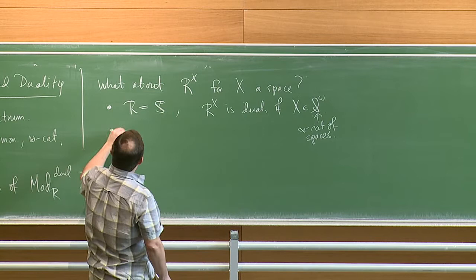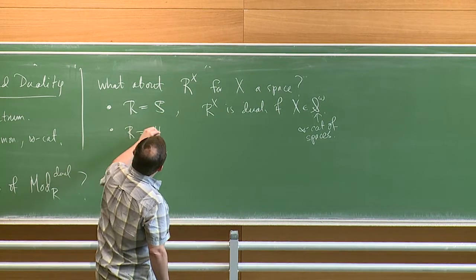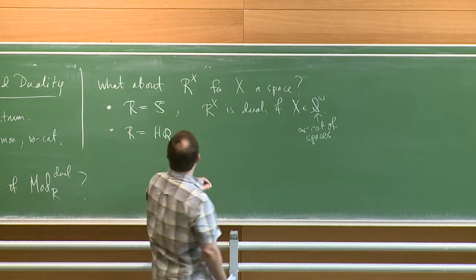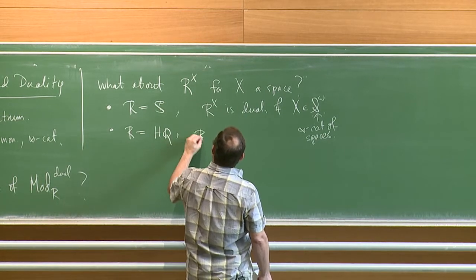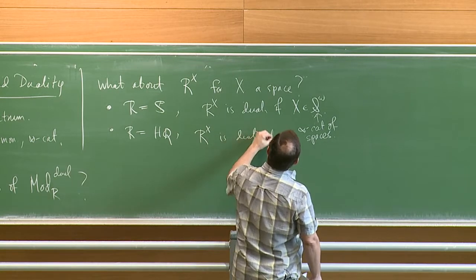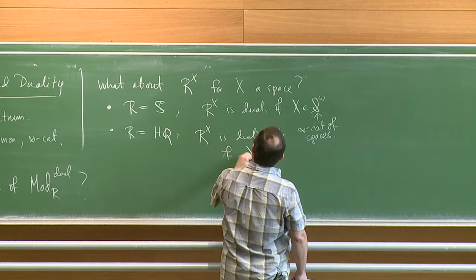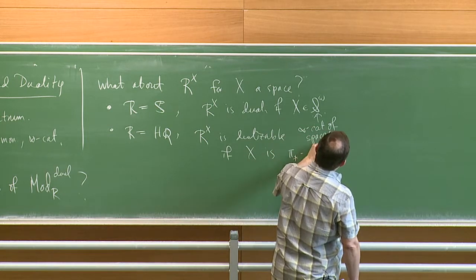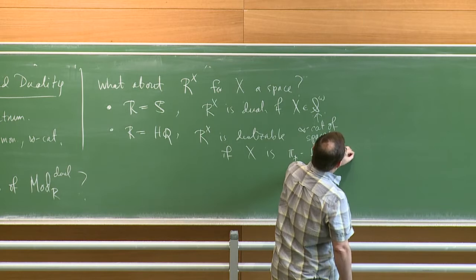But on the other extreme, we could go to something like HQ, where then R to the X is dualizable if X is a pi star finite space.